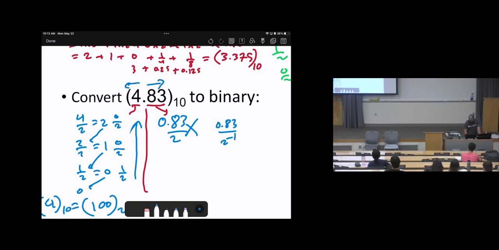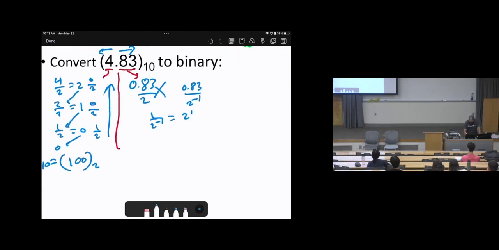On the left, divide by 2. And we know 1 over 2 power negative 1 is the same as 2 power 1. When there is a negative power, it will be multiplication instead of division. Therefore, it will be 0.83 times 2.